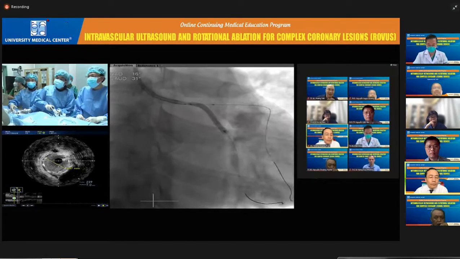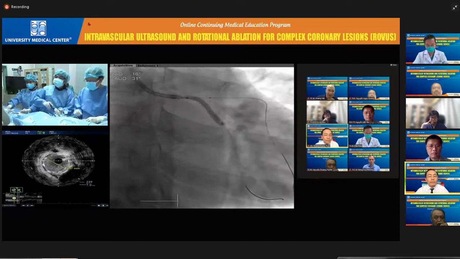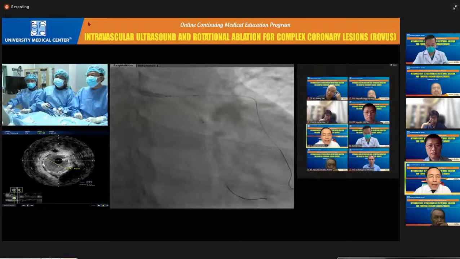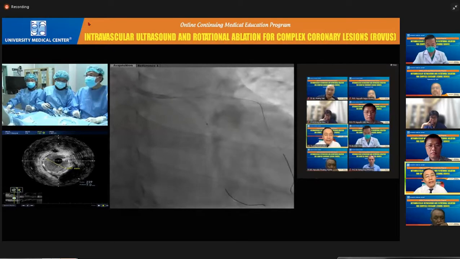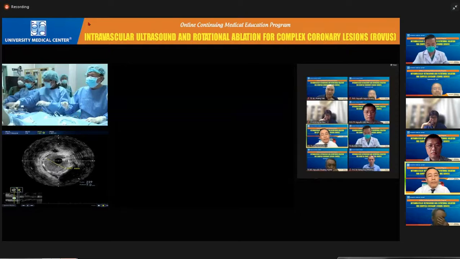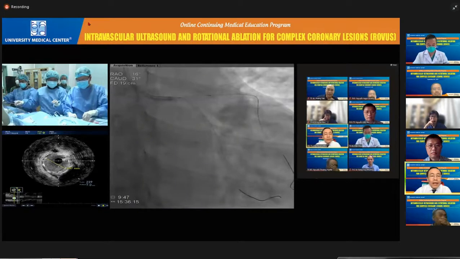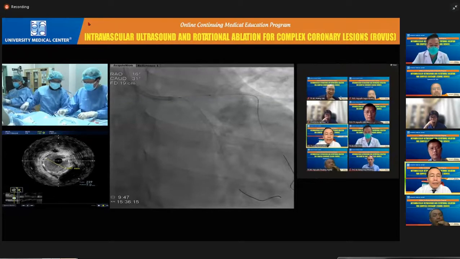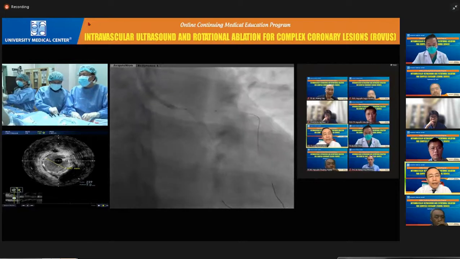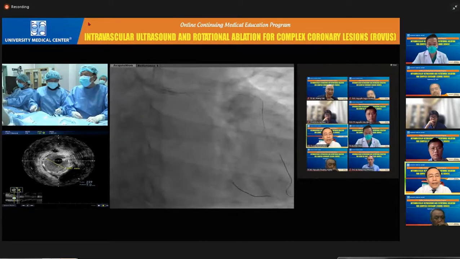Okay. So in this case, we had the first stent of the circumflex in the past. And after the stent, we have some black shift from the stent to the proximal of circumflex. Now Dr. Wu put another stent, the second stent of the circumflex from the left main to the mid circumflex, overlapping a little bit with the first stent in the past.